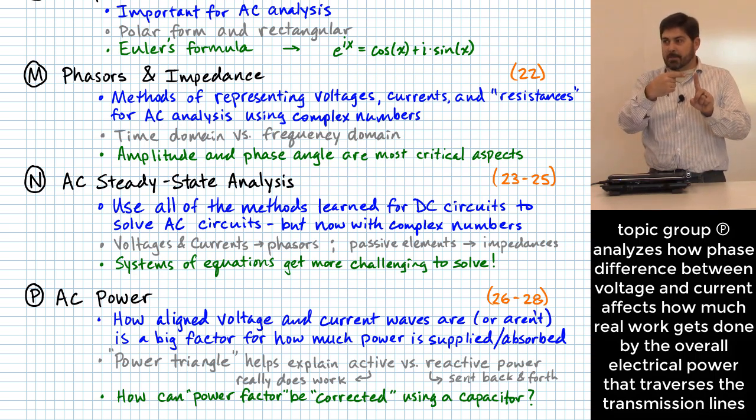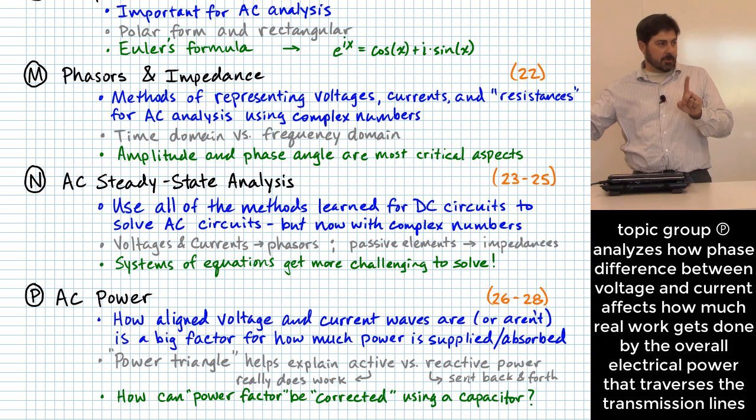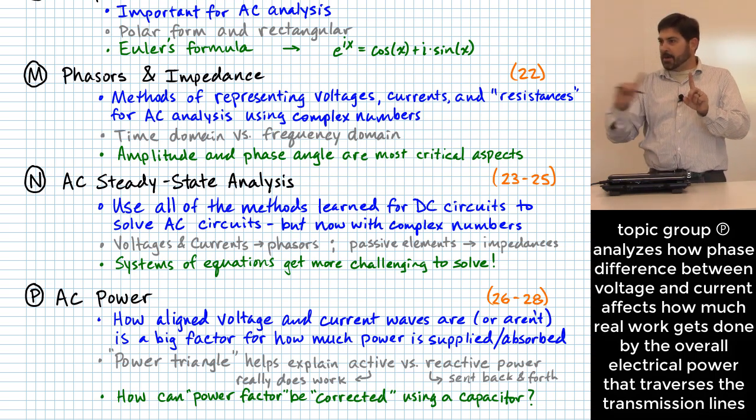And that's what does happen in AC circuits, right? So that amount of power that just goes back and forth from one element to another but doesn't really do anything is called reactive power. And the wire does literally have to carry that power back and forth. It's just that the power is not really doing something physical when it gets there. It's just getting stored for a second and then sent back, right?